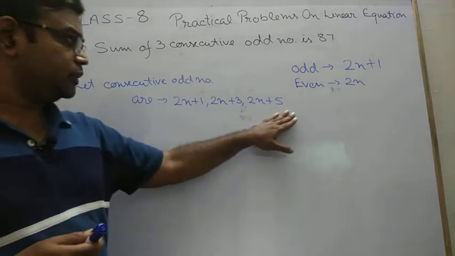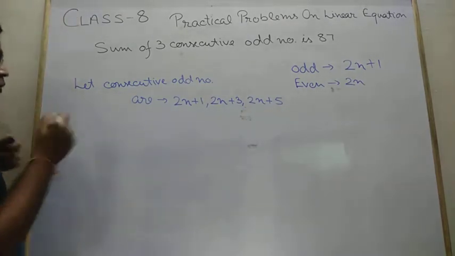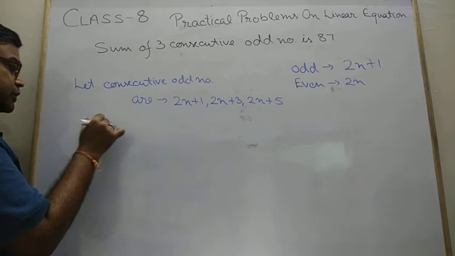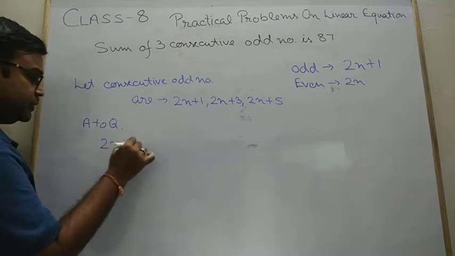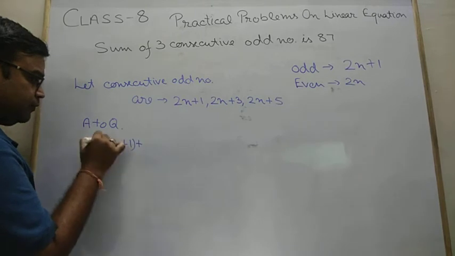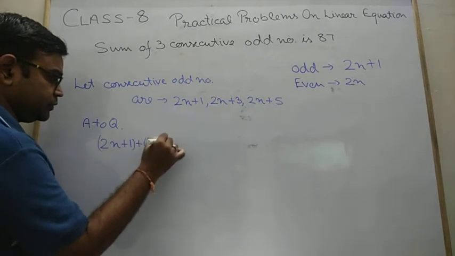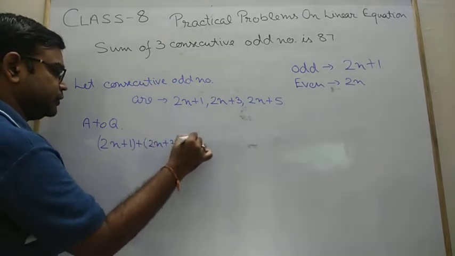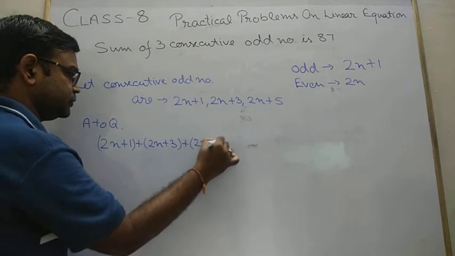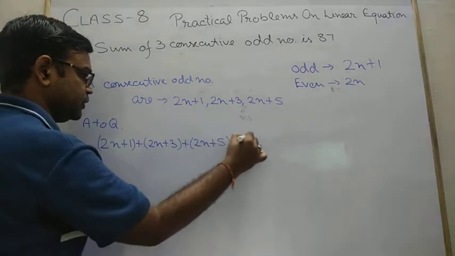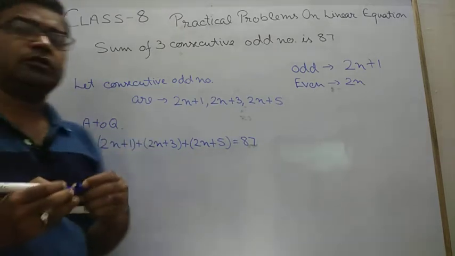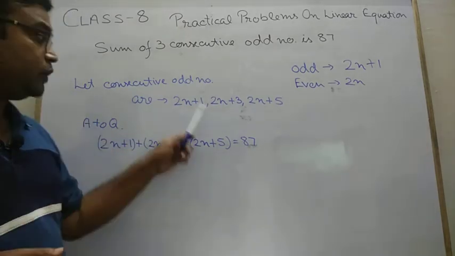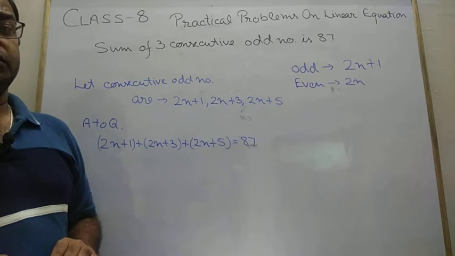So this is your concept, and according to the question, the sum of these numbers, the first number, second number, and third number, is 87. The question looks complex, but it is a unique way to solve questions of this type.